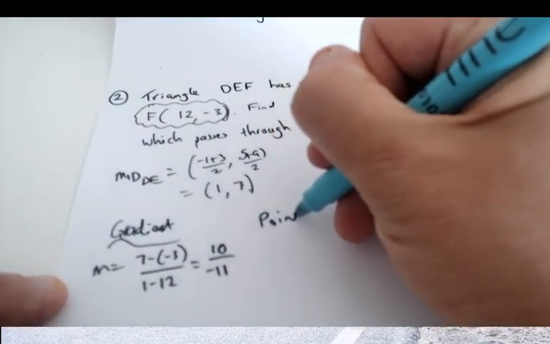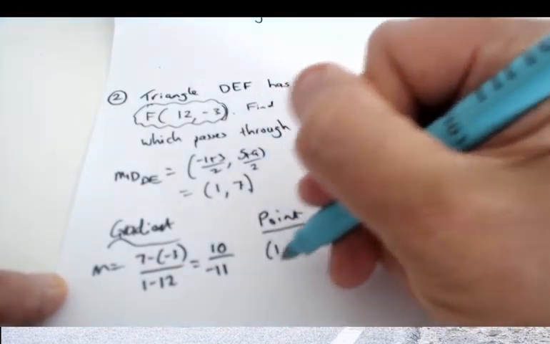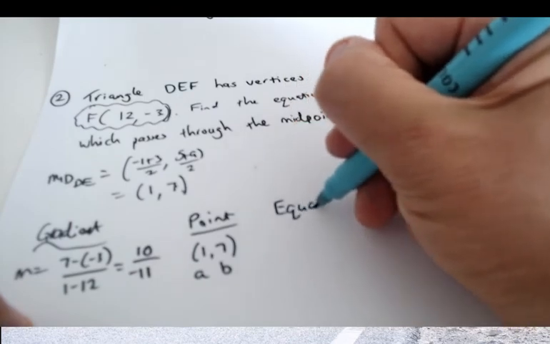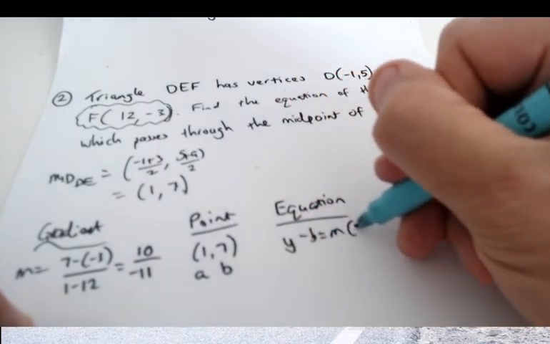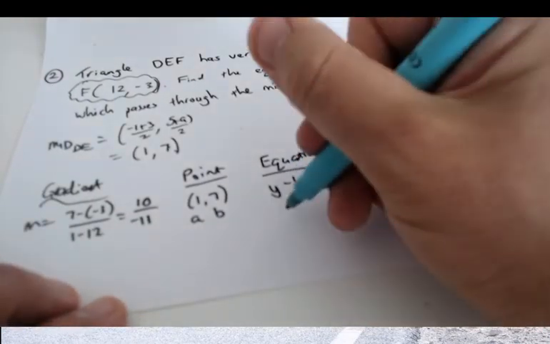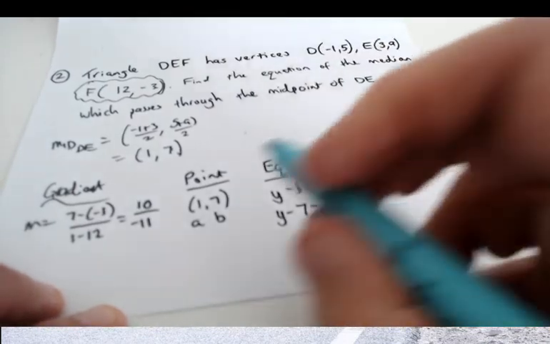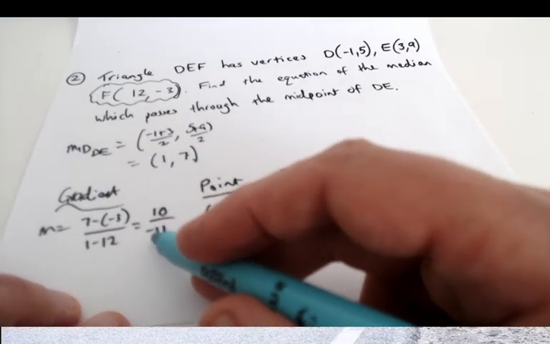Point, choose either point, the midpoint or F. I'm going to go with the midpoint of 1, 7 because they're both positive. Equation formula as standard. Fill in your information. Y minus 7 will equal, now, the gradient was 10 over negative 11.